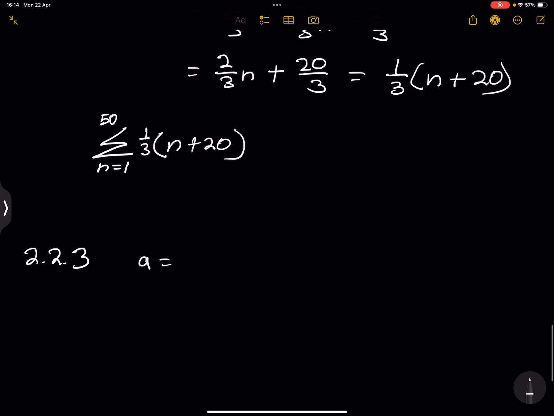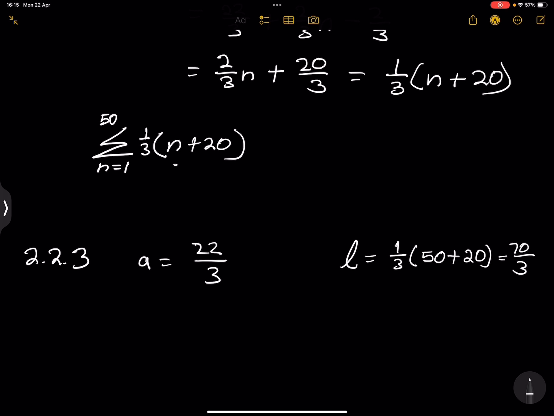That's what we got. Now, I can find out what my last term is. How do I do that? I just substitute 50 there because that's the 50th term. I can say this is 1 over 3 into 2 times 50 plus 20. And so this would give me 140 over 3.